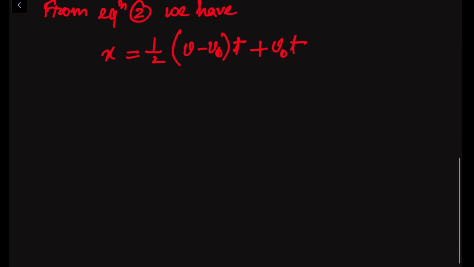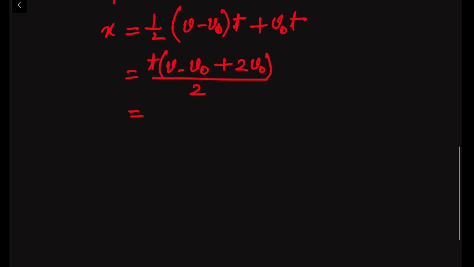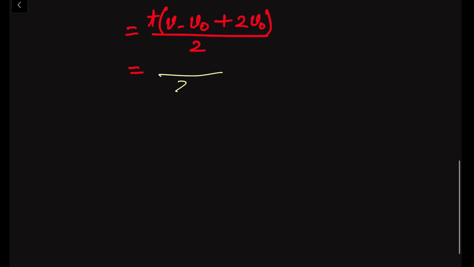Now what we can do, if we take 2 in the denominator and take t common, we will have V minus V0 plus twice V0, divided by 2.